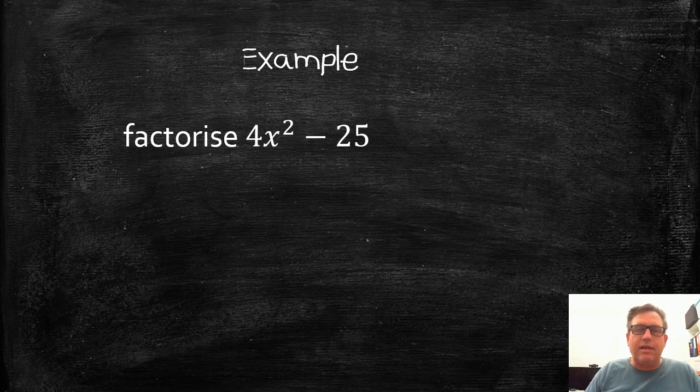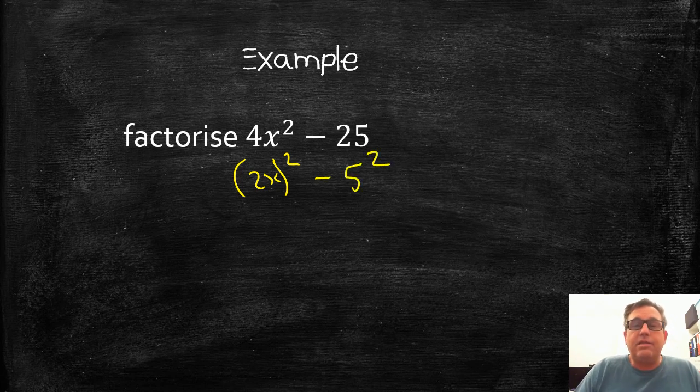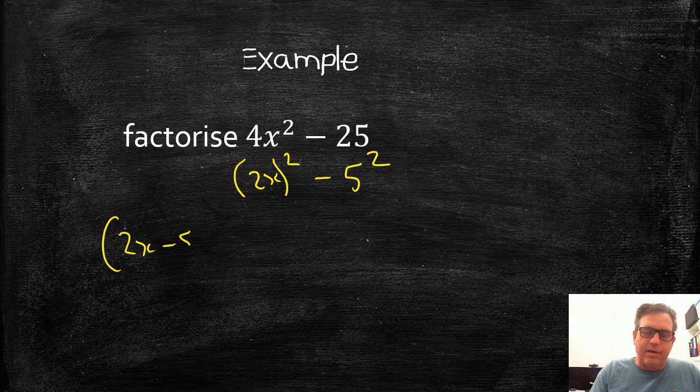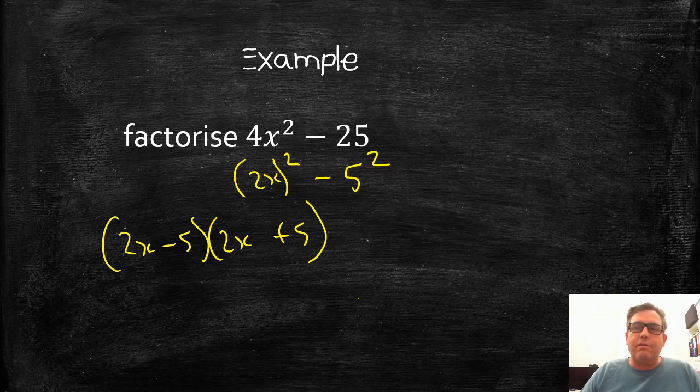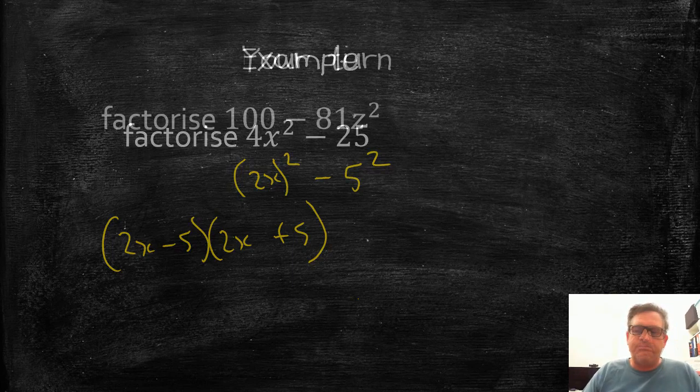So the key is recognizing this. 4x squared is the same thing as 2x squared, minus 5 squared. Again, the key on these is going to be recognizing the hidden squares, because 2x times 2x is 4x squared. So once you recognize this, it's going to be 2x minus 5 and 2x plus 5. Again, you can expand the brackets to check to make sure that this works.